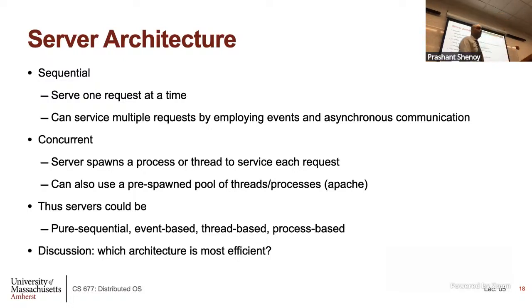Okay, yes, the question is even within a multi-process system, can you have multiple threads? You can actually have a hybrid between thread and process-based. The Apache web server actually does that too. You can have multi-process and multiple threads. But typically, if you have an event loop, you have to really think about what those threads within a process do.